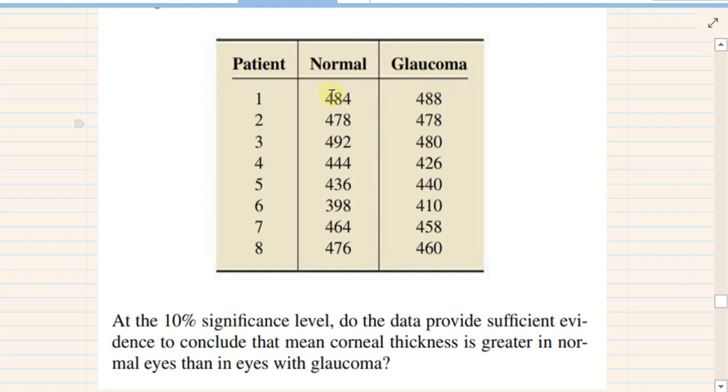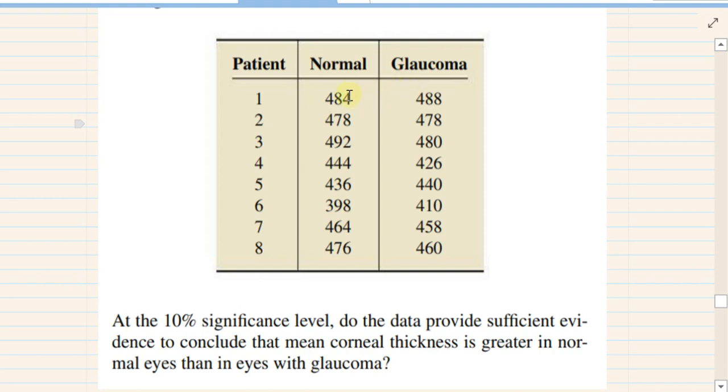If the cornea is thinner in the normal eye, 484, and thicker in the eye with glaucoma, then this is like mu1 minus mu2, or x1 minus x2, 484 minus 488. A negative difference is what I'm trying to clarify here.